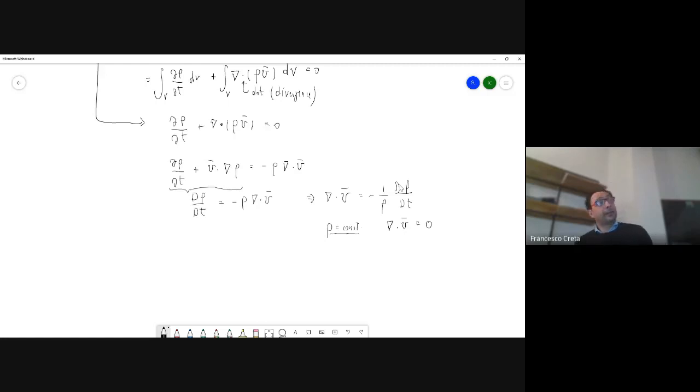Another example of that is air, which generally is quite compressible. But if air, at atmospheric conditions, is very slow, and by slow I mean at a Mach number that is quite low, then you can assume that the fluid velocity is extremely smaller than the velocity of sound in air.